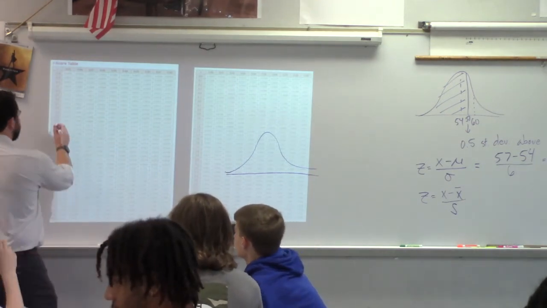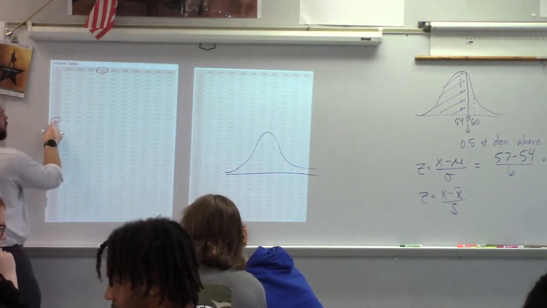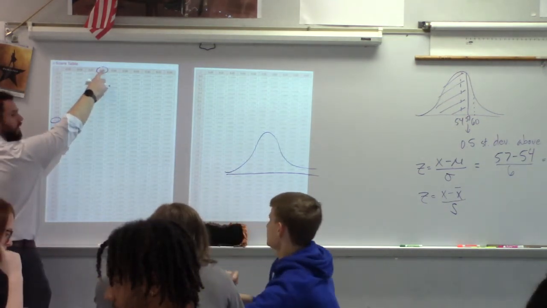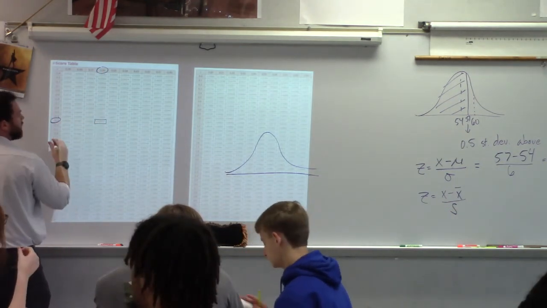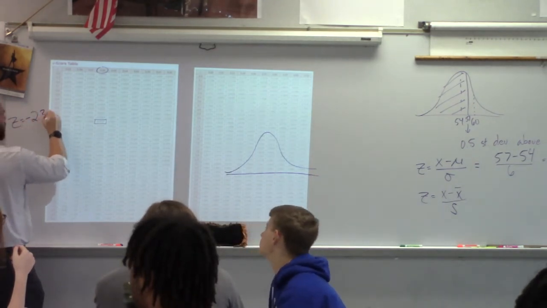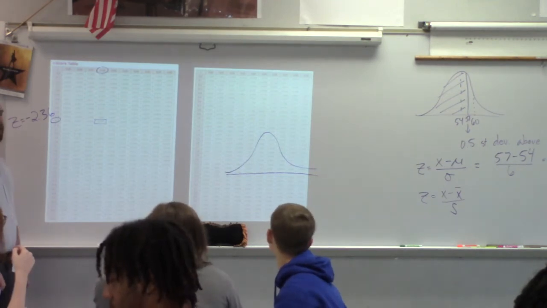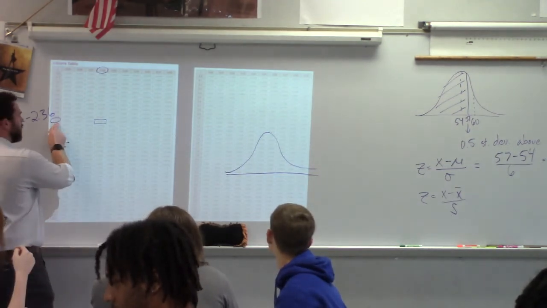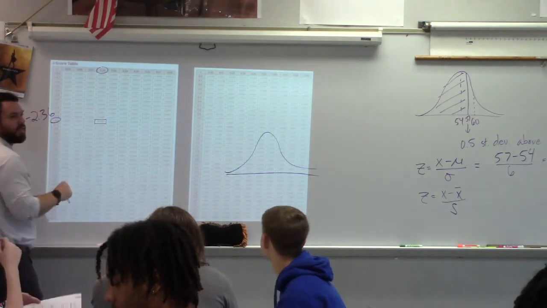You see this z of negative 2.3, that's 0.06. So that is a z of negative 2.36. Negative 2.3 gives me through the tenths, and 0.06 gives me the hundredths.